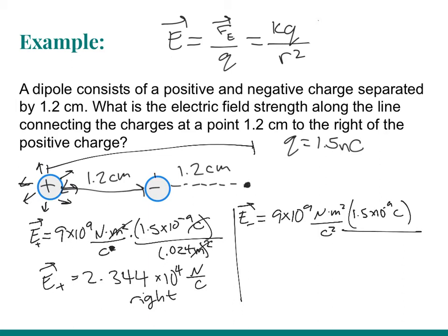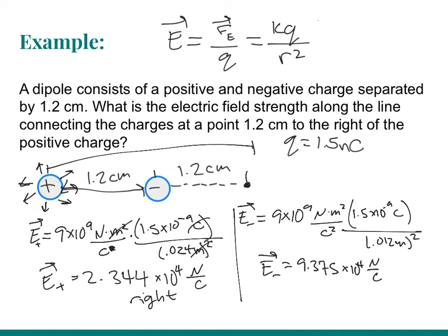The radius this time from the negative to the test is just 0.012 meters squared. And then we come up with an answer. When you put that all in the calculator, you get that the electric field due to the negative charge is 9.375 times 10 to the 4th newtons over coulombs.